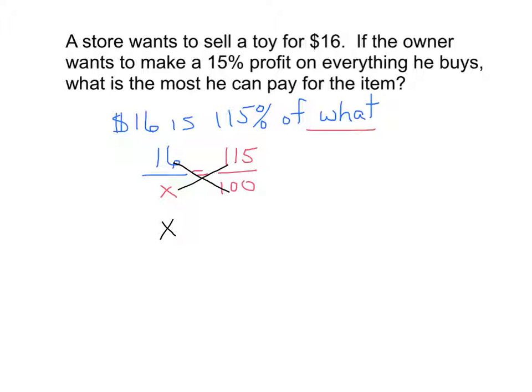My x in this particular case, rounded off to the nearest penny, is $13.91. So the store owner does not want to pay any more than $13.91 for the item when he buys it from his distributor, and doing that will give him a 15% profit when he sells the toy for $16.